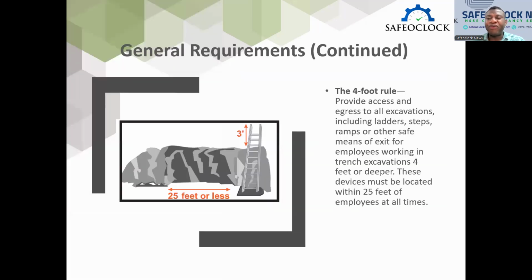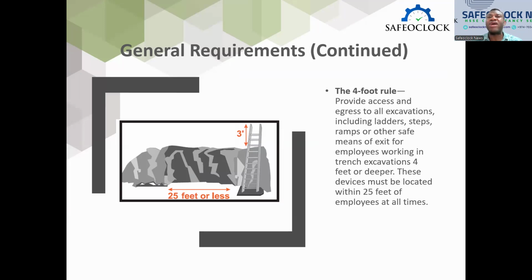So, the 4-feet rule. The 4-feet rule talks about the access provided into the excavation. While the excavation is going on, there must be access provided for people working inside the excavation. The rule says that it must be within 25 feet of where the employee is working.